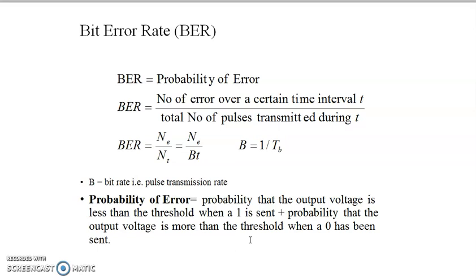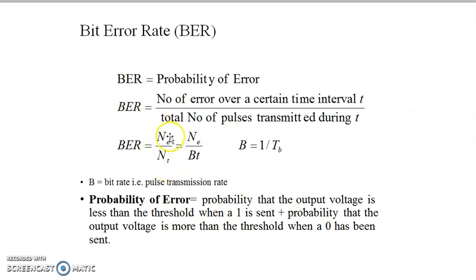So bit error rate is the ratio of the number of errors occurring over a certain time interval to the number of pulses, that is ones and zeros, transmitted during the same interval. That's why BER is equal to Ne by Nt.